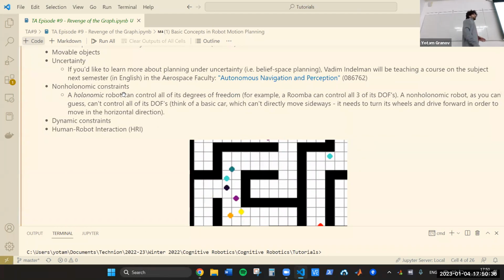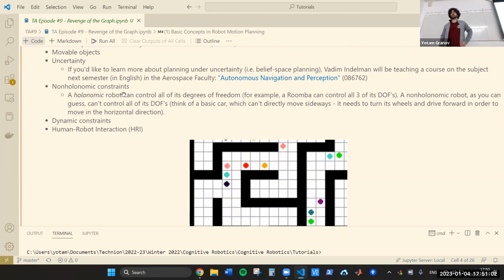One last thing is, today we're going to discuss only holonomic robots. We're not going to discuss non-holonomic robots. What that means is that we're going to discuss robots that can control every degree of freedom that they have. So for example, a Roomba has 3 degrees of freedom. It has translation in 2 directions, and has rotation. The Roomba can do all those things. It can move straight, it can move to the side, it can turn. There are no problems in terms of its control over its degrees of freedom.